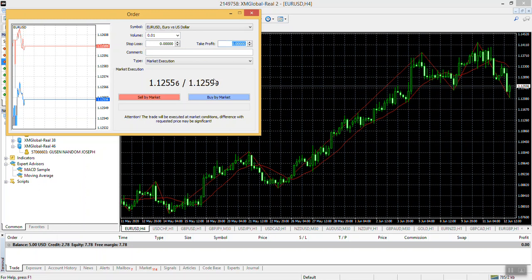Now that we want to buy this currency, stop loss and take profit help us to manage what we call risk. Okay, for example, you have $20 and you don't want to lose maybe more than $5. So stop loss helps us to control our risk.